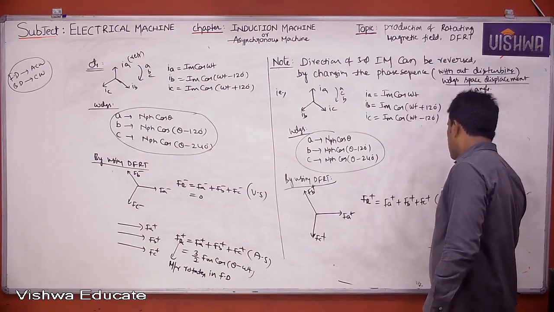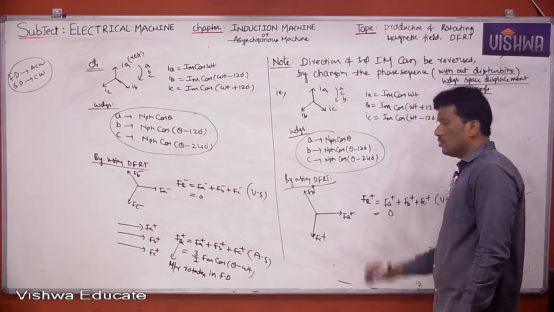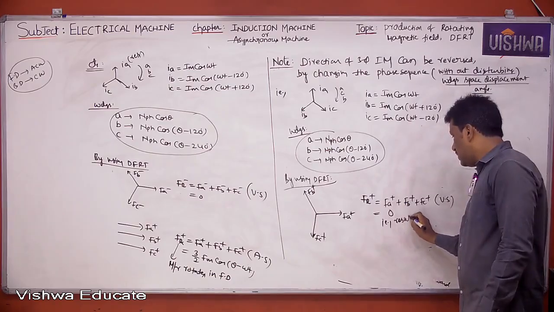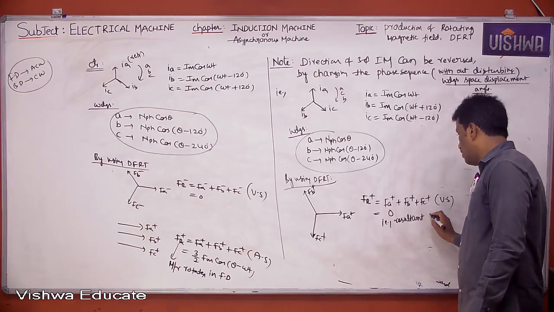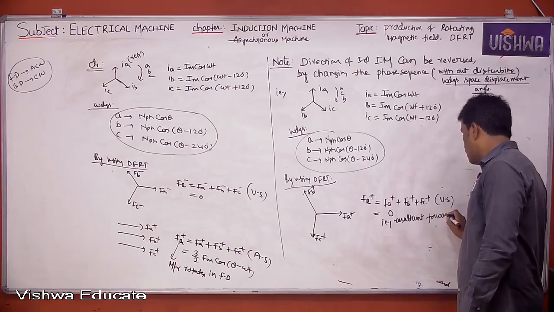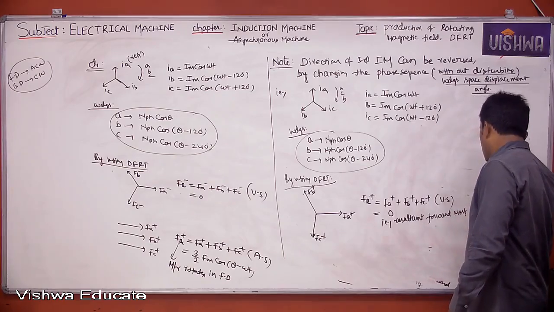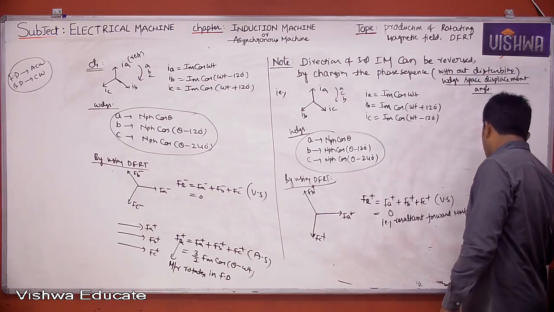It's a vector sum which becomes 0. That is, the resultant forward MMF wave disappears.